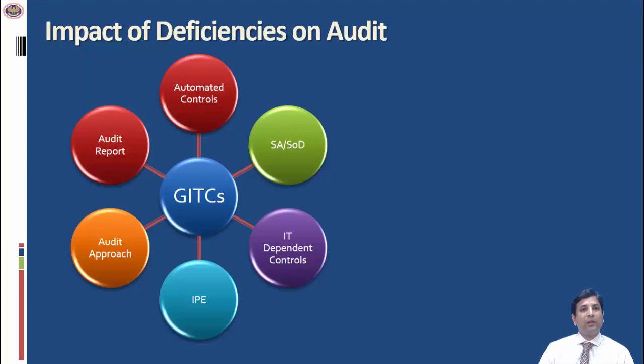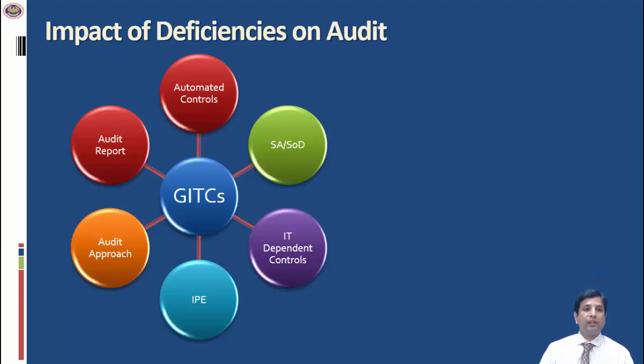Just to recap what we have learned in this session, we have understood what general information technology controls are. We have seen the definition of GITCs. We have understood various categories of controls which relate to GITCs. We have also understood the impact of GITCs on a financial statement audit. We saw how to scope the GITCs or the ERP systems when we are performing our audit of GITCs.